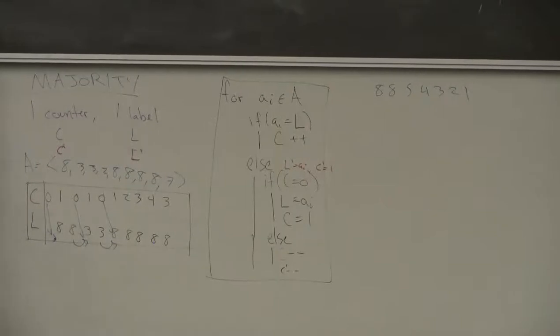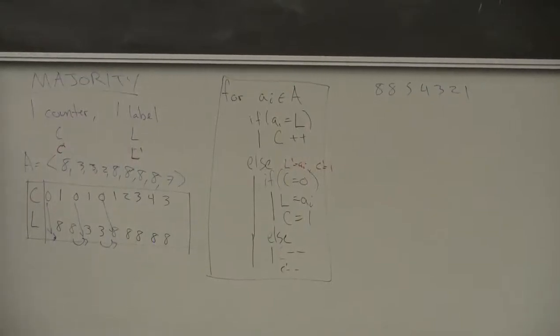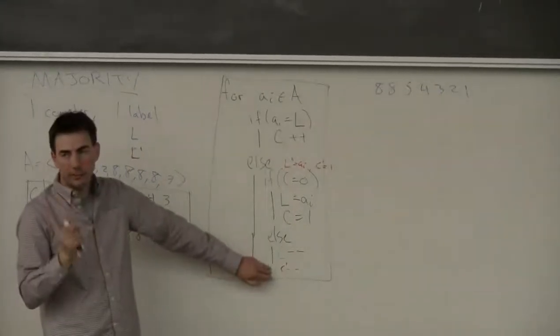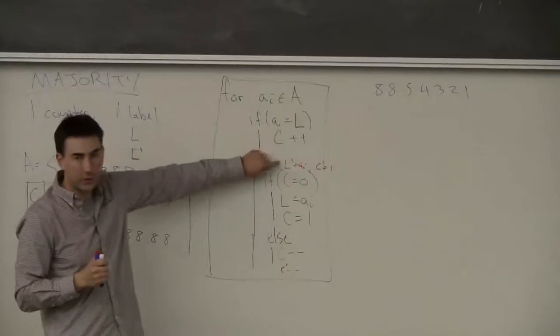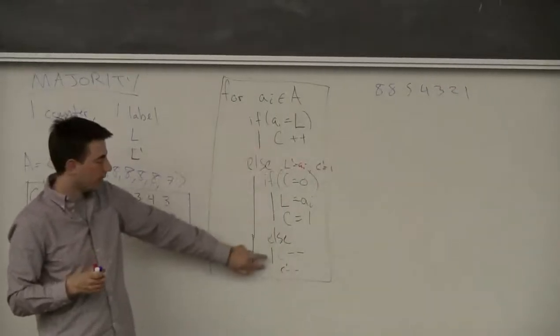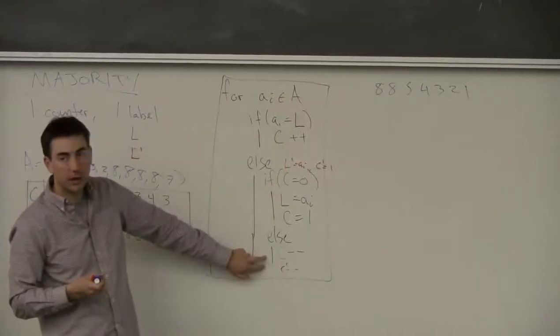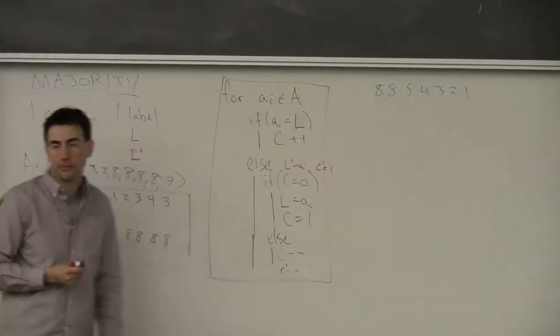Okay? So now, every time I'm decrementing, I'm always decrementing some element I've seen before. Either the one I just saw, or I'm going to decrease one I saw much earlier.